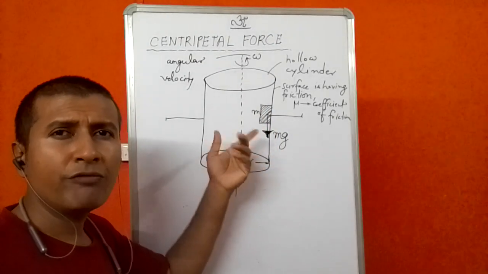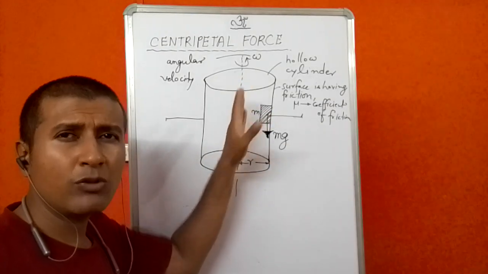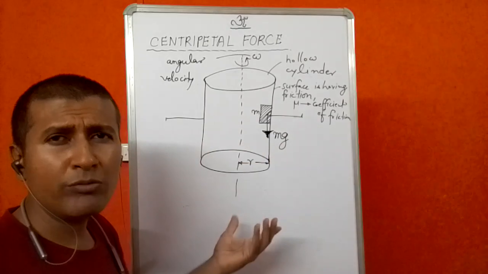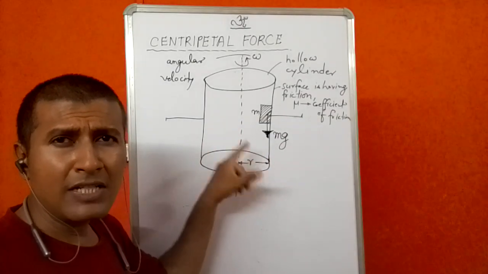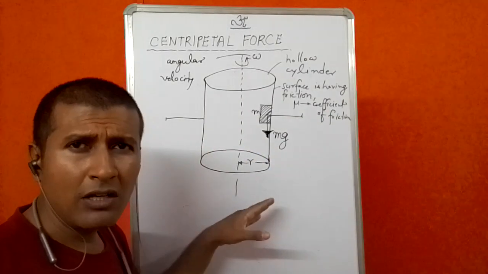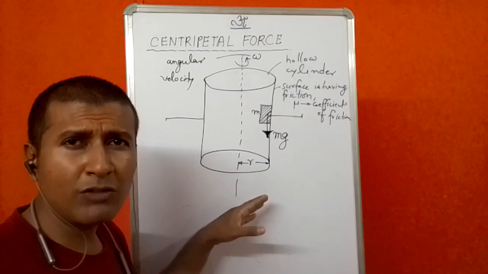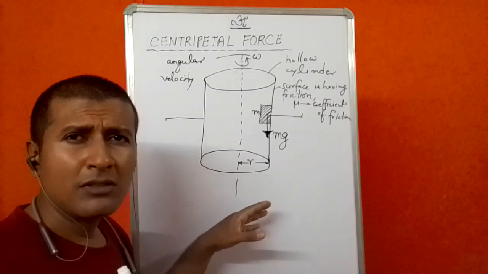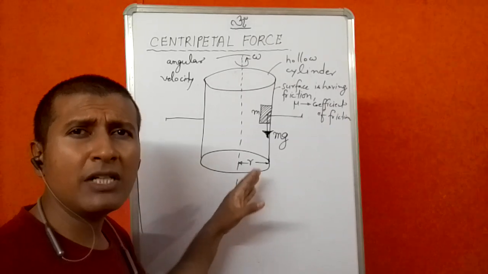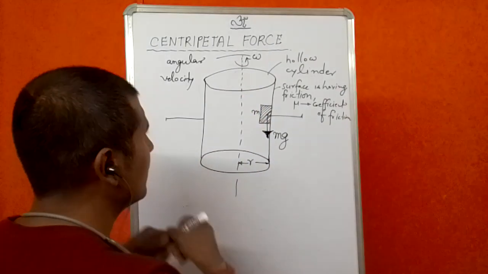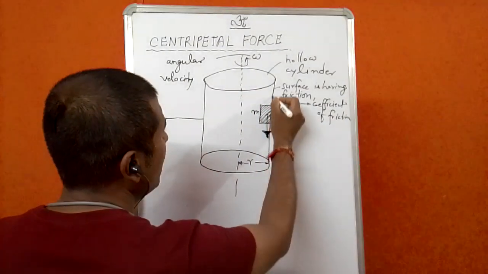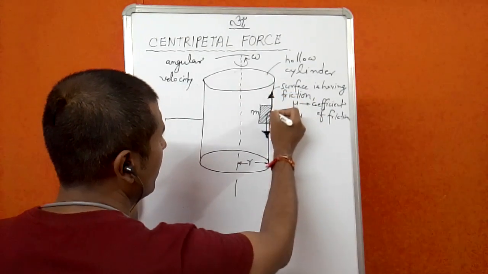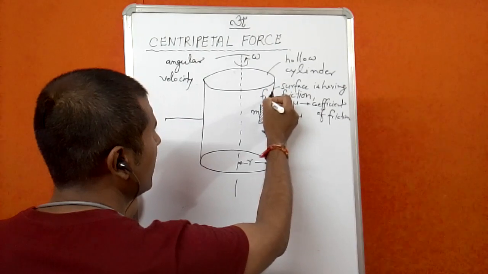What will friction do? Friction will try to oppose it. Must it be in upward direction or in downward direction? Now try to understand it. The tendency of this body is to fall, right? What will friction do? Because the job of friction is to oppose, friction will be in upward direction, like this. This is the frictional force, Fs.